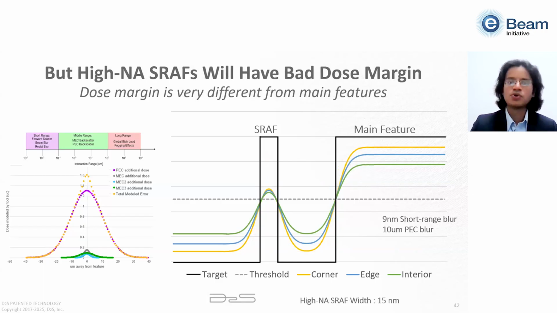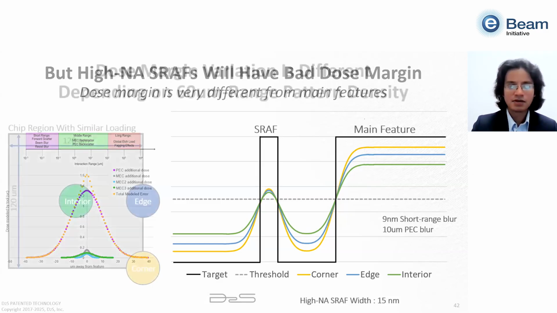But if you go to high NA SRAFs, you will find that the SRAFs will have a relatively bad dose margin compared to the main feature. Since the dose margins are very different between the SRAFs and the main features, if you try to do any dose-based correction, that will have some additional effects.